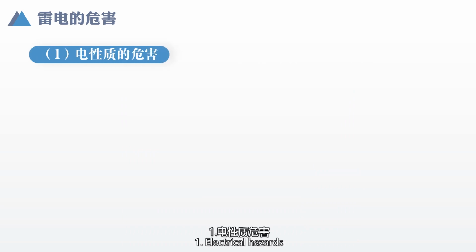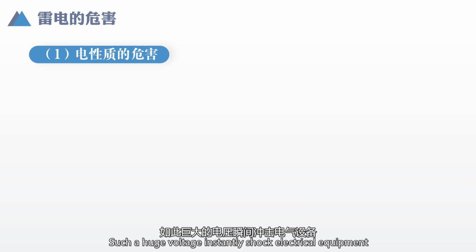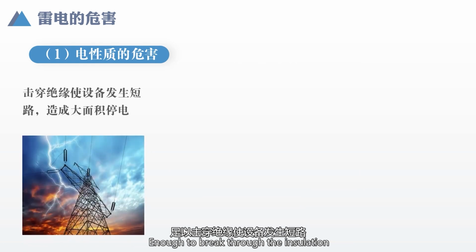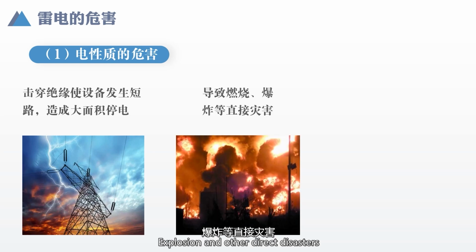First, electrical hazards. For electrical equipment, the high voltage effect of lightning current will produce shock voltage of tens of thousands of volts, even hundreds of thousands of volts. Such a huge voltage instantly shocks electrical equipment, enough to break through the insulation and short-circuit the equipment, causing widespread power outages, combustion, explosion, and other direct disasters.